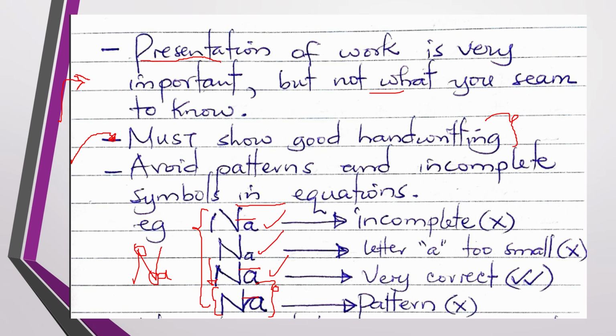The other is incorrect because we put a pattern between the two symbols. Sodium has two separate letters. You are not allowed to do any calligraphy. If it's a capital letter and a small letter, make sure they are very separated, and the capital letter has all the corners, just like presented in the correct step. And also the a must be halfway up the margin, or halfway up the line.